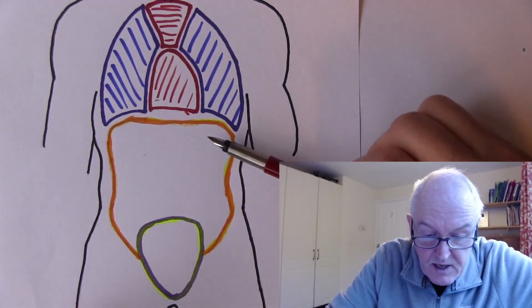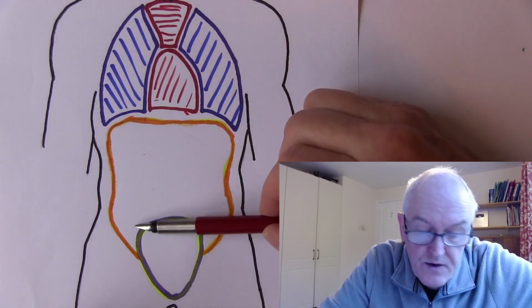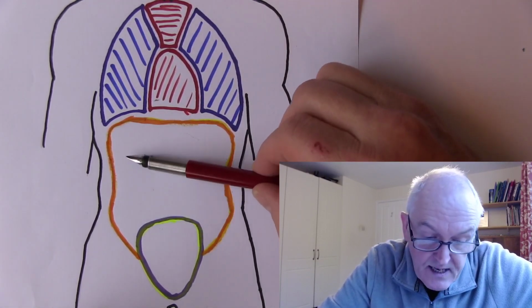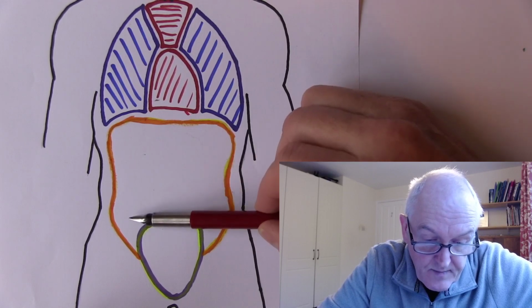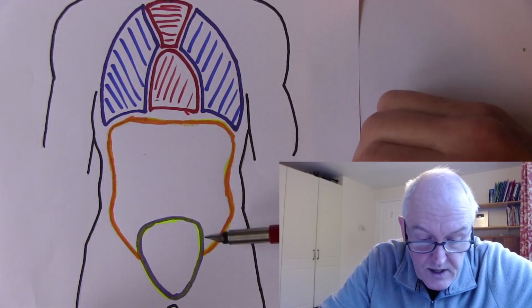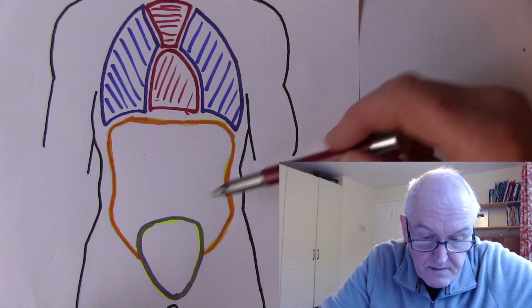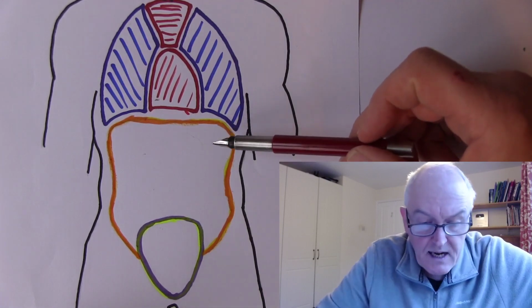So it's liver and spleen. Kidneys, of course, at the back. And the colon goes from here, up here in the ascending colon, transverse colon, descending colon, then it goes back through the sigmoid colon to the rectum. So this is the abdominal cavity here.